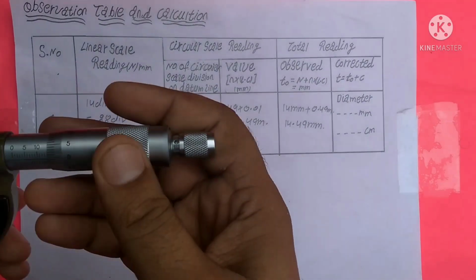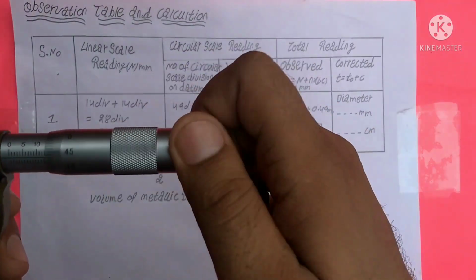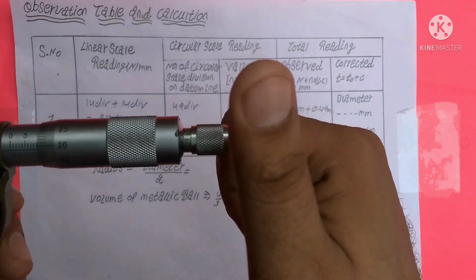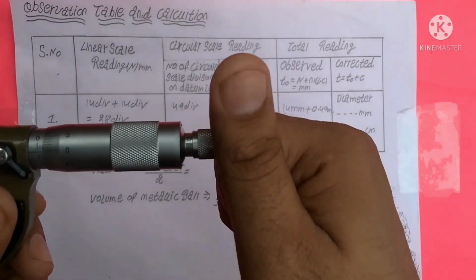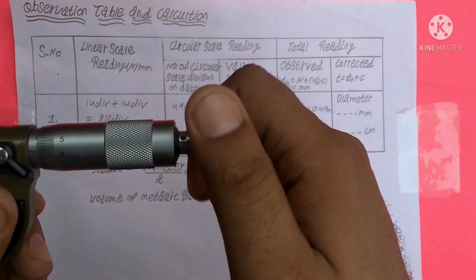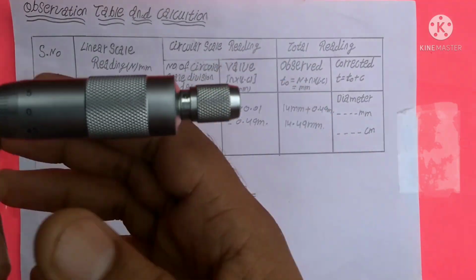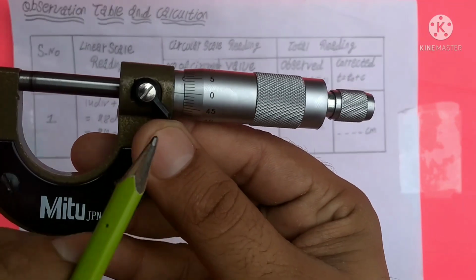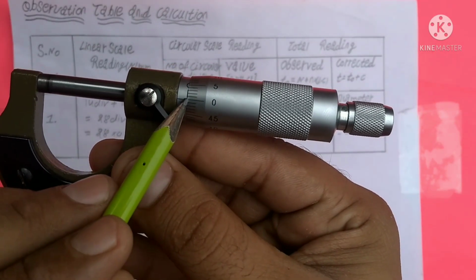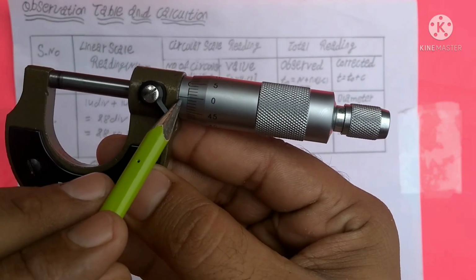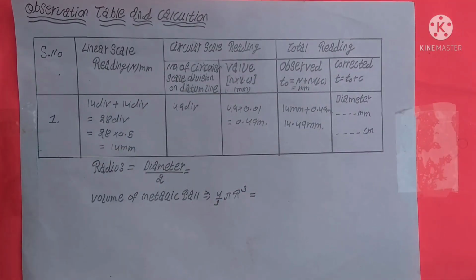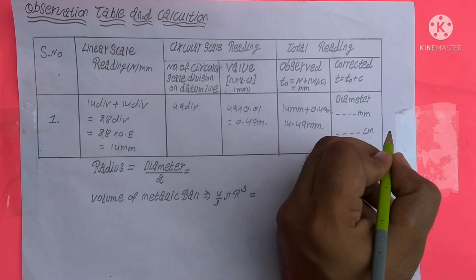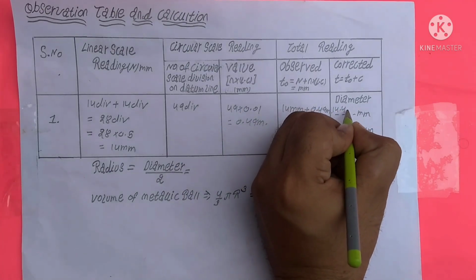Now let's check the error inside the screw gauge. You can see the zero division of the circular scale just coincides with the reference line, so it means no error exists inside the screw gauge. So our final value of diameter is 14.49 mm.